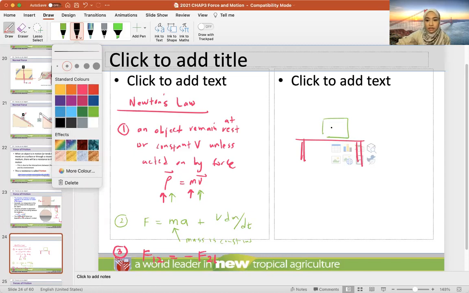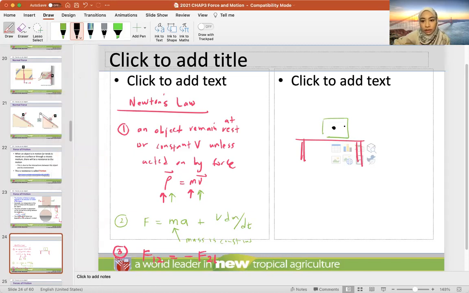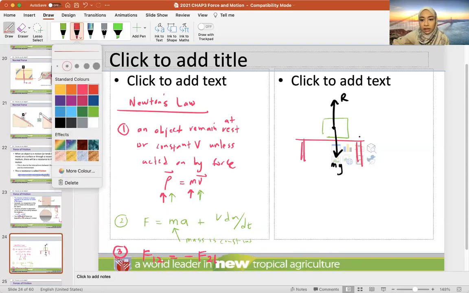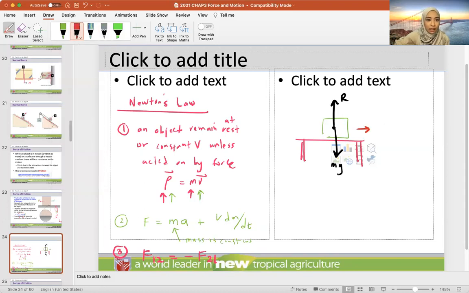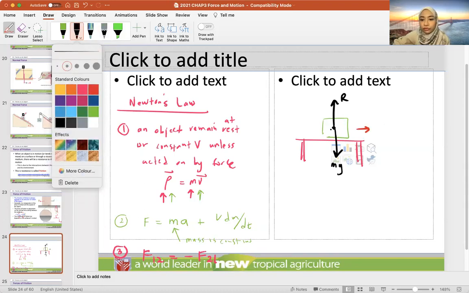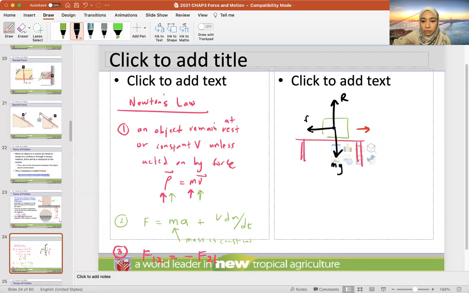I start from the center of the object, and then assuming we are on Earth, then this would become mg. And if it is in contact with the table, then I would have reaction force. If I'm trying to move it to the right, the motion is to the right, and therefore my friction will move the other way. This is my F.